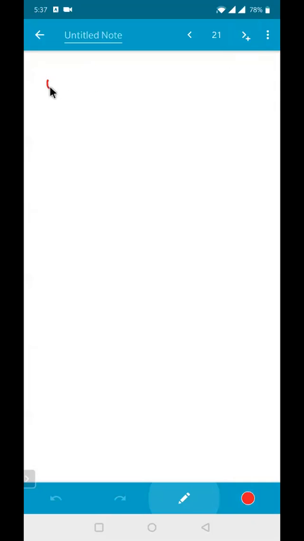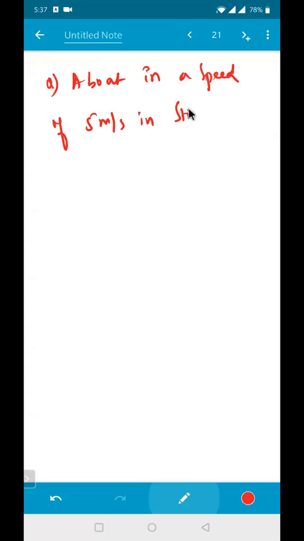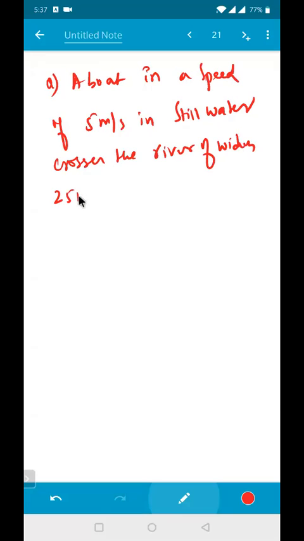Say for example, you get a question something like this. A boat with a speed of 5 meter per second in still water crosses the river of width 25 meter in 10 seconds.